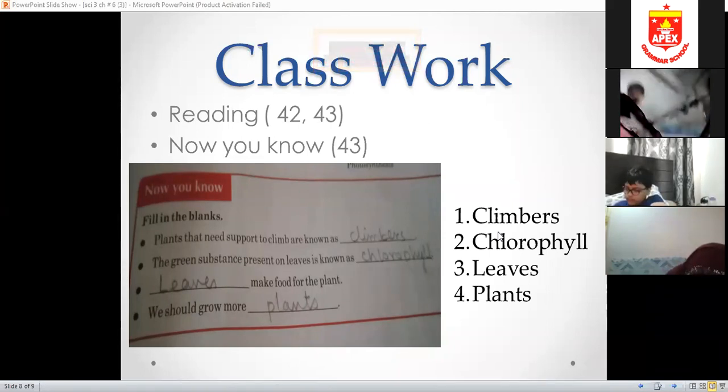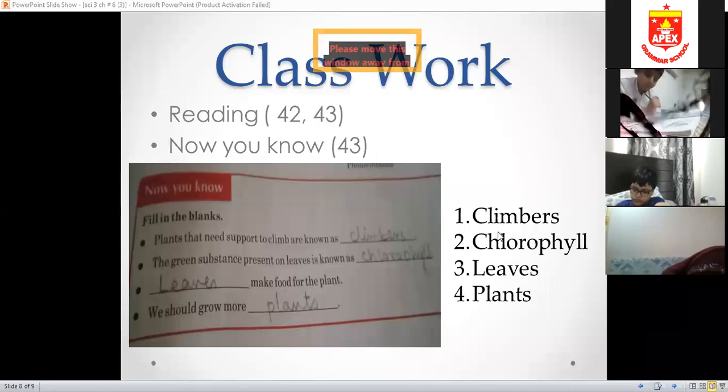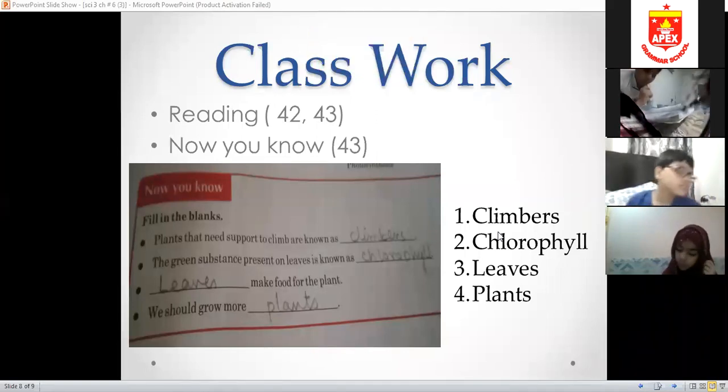The second one is that the green substance present on leaf is known as chlorophyll. The spelling of chlorophyll was also written there.